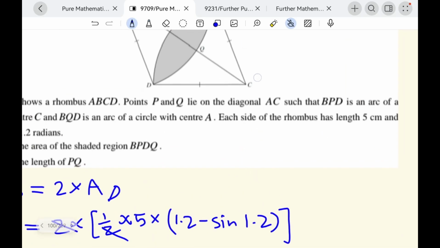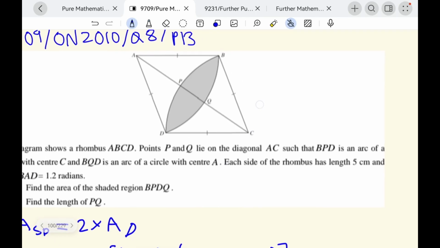To get the length of PQ, what should you do? Given that BC is 5 cm, which is the radius. Here is the 1.2; if you divide by half, you'll get 0.6 each. Next you can draw a line.